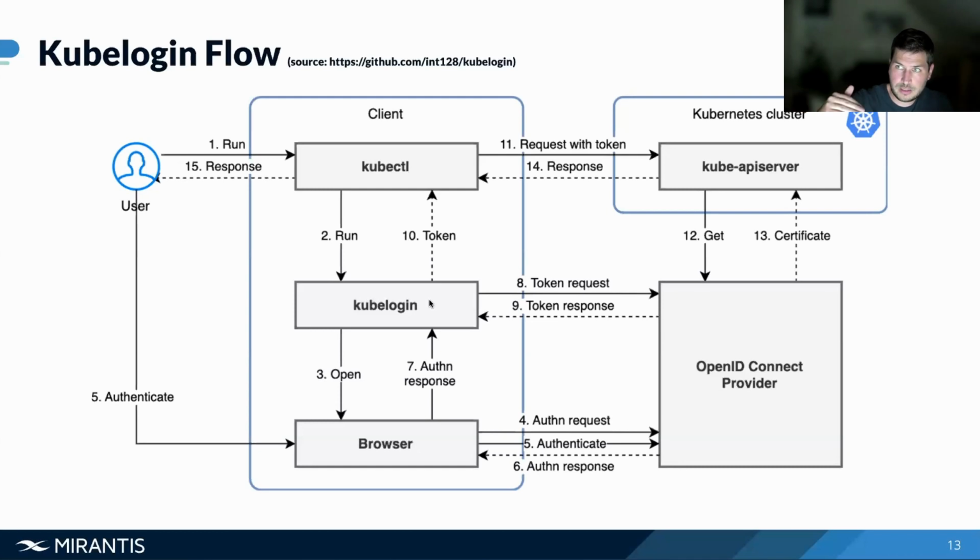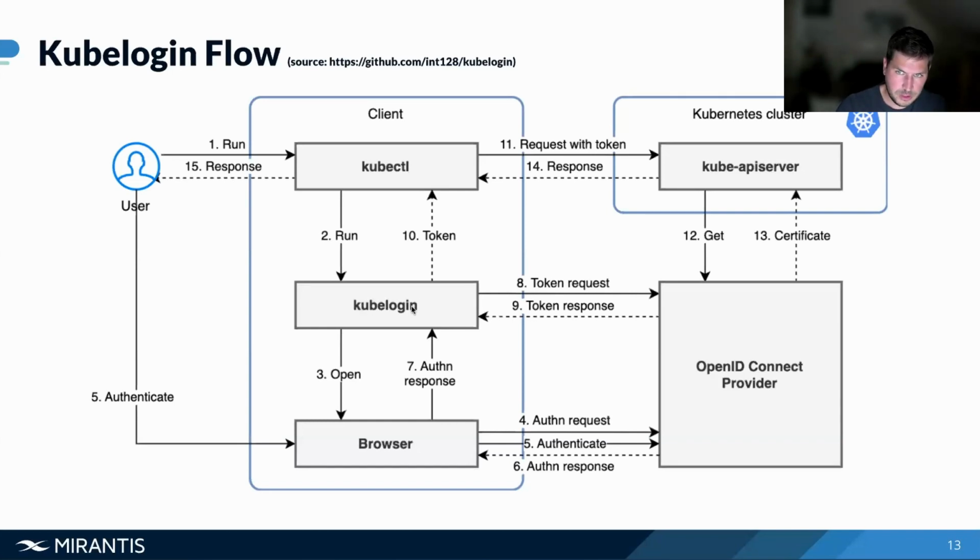You get redirected to Dex so that Dex is getting the Azure ID token where it sees all the information. And then Dex provides you with its own token, created by Dex, and hands it over to localhost 8000 so that your kubectl plugin or OIDC login can retrieve it from there and later on use it when interacting with the Kube API server.